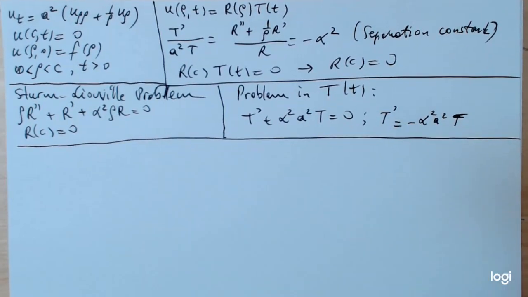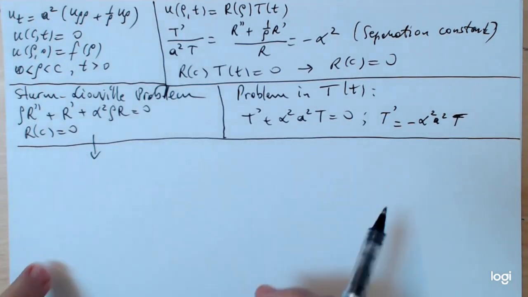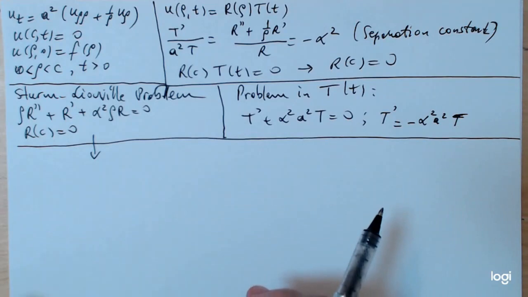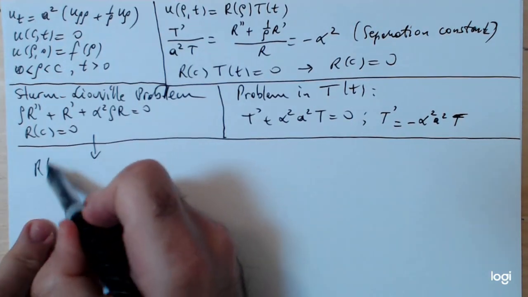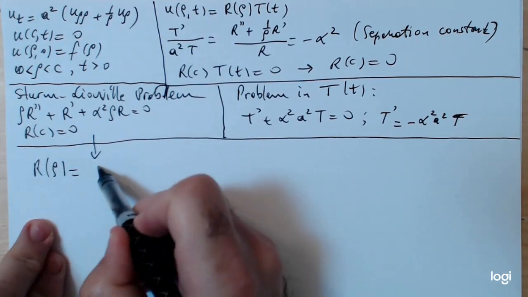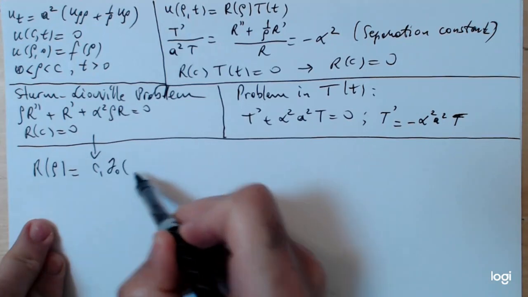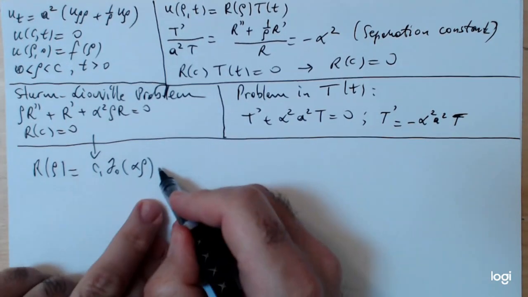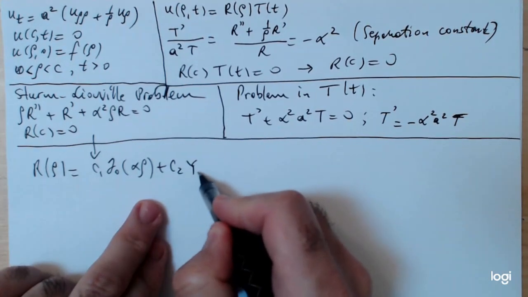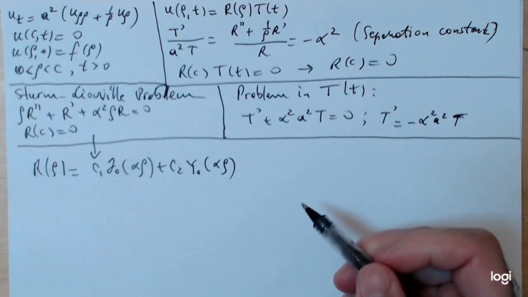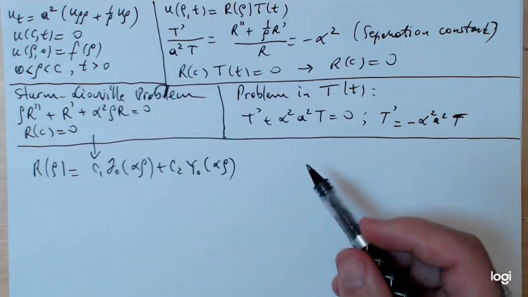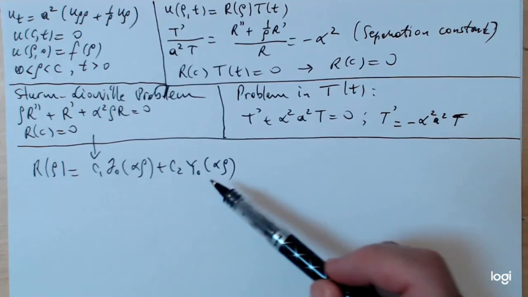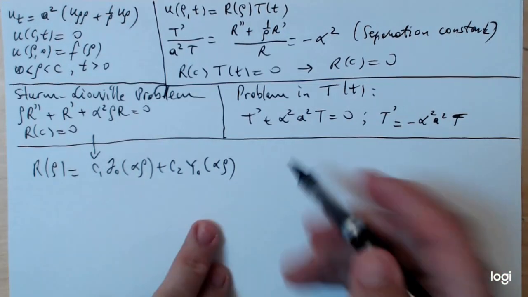Okay, so going back to the Sturm-Liouville problem, we established in the previous part that the general solution of it is going to be a linear combination of the following Bessel functions of order 0. So the general solution of R is C1 J naught of alpha rho plus C2 Y naught of alpha rho.